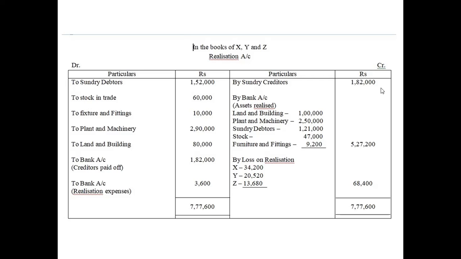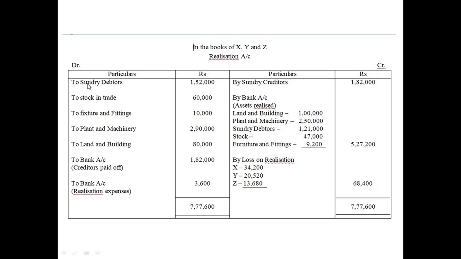Capital account will not appear because, again I want to mention the previous video, I have already mentioned that capital account, be it in asset side or liability side, never appears in the realization account.